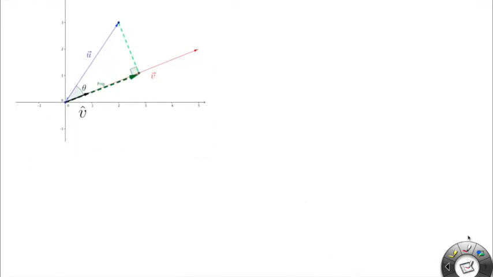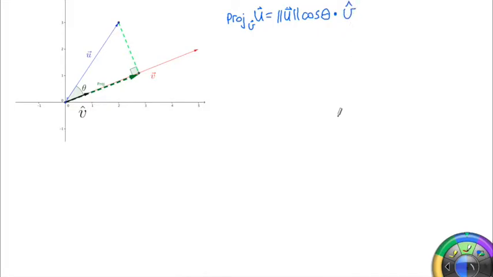The projection of vector U onto vector V is going to equal the magnitude, which we found out to be the magnitude of U cosine of theta, times the direction, which is the unit vector V. Alright, so now we can use some other formulas to make this look a little bit nicer.